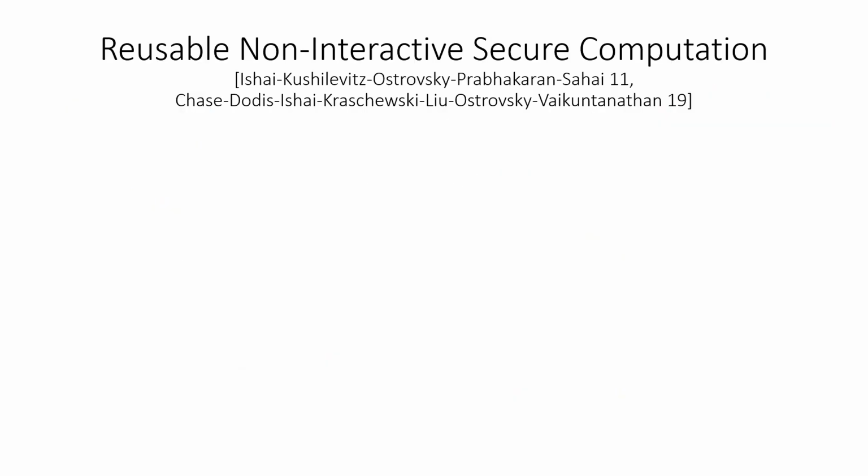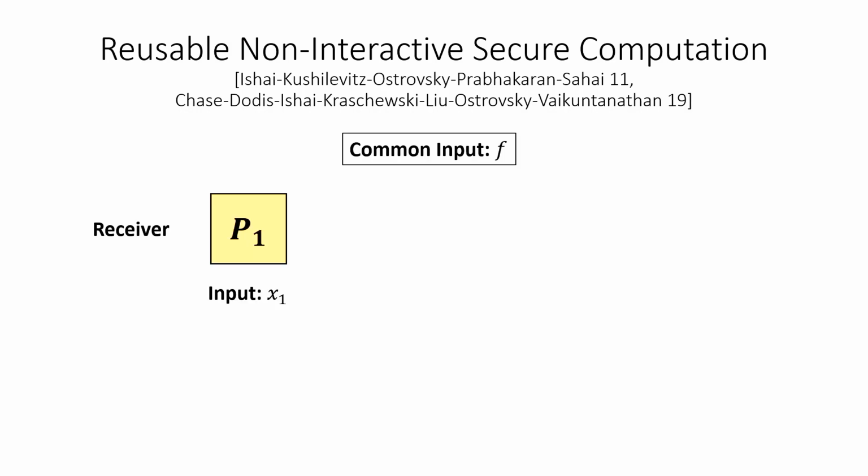So here comes the definition of reusable non-interactive secure computation. The works of Ishai et al. and Chase et al. consider this problem. So in this setting, we have some receiver P1 with private input x1. The receiver has function f in mind, and the receiver generates an encoding of its private input. And just think of it as publishing it on a public bulletin board.